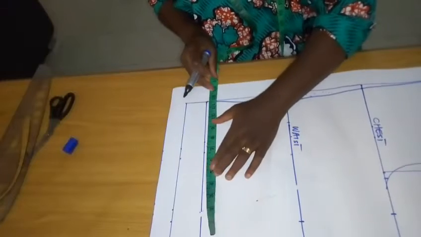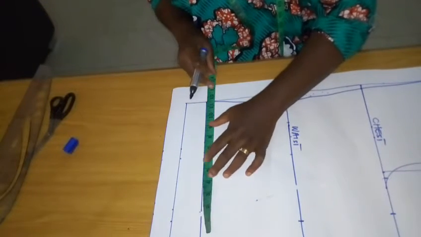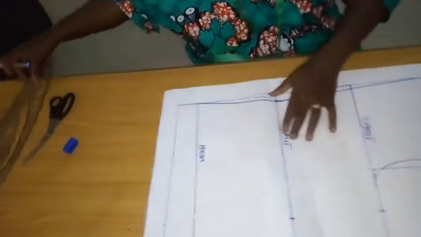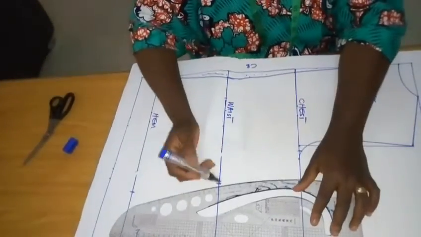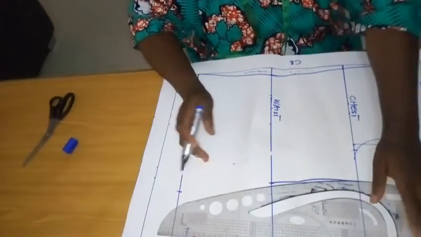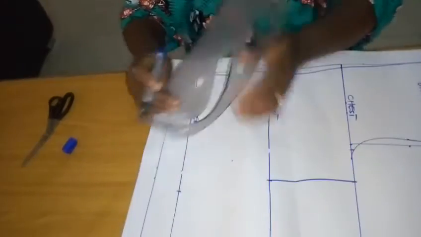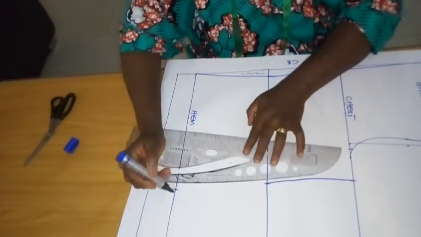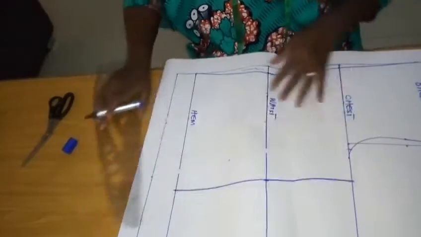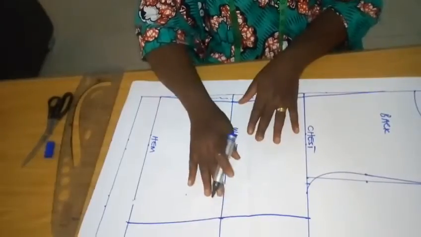Then on my hem, my hip circumference divided by 4 is 11.5. So I'll close up what I have on that line, as you can see, and turn my pattern ruler, and I have a full bodice pattern.